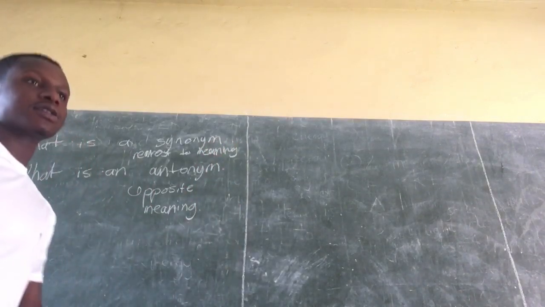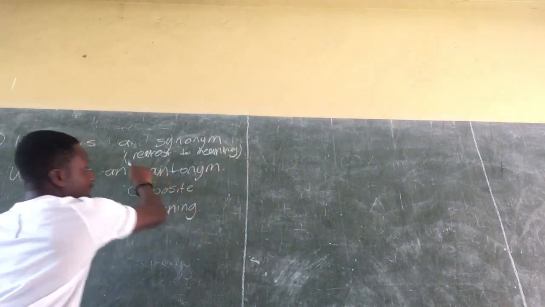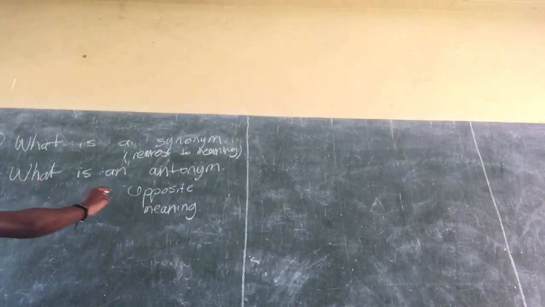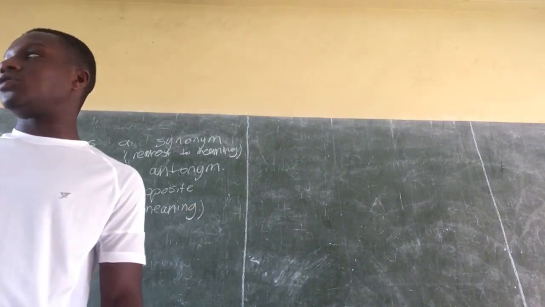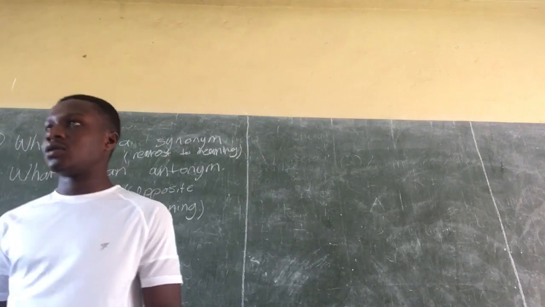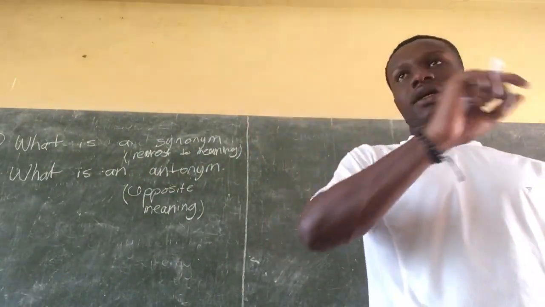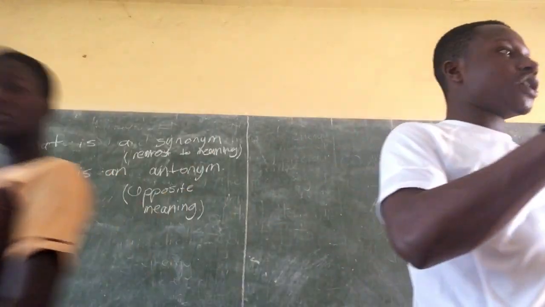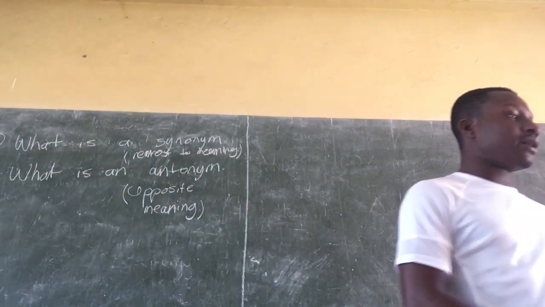So in your notebooks, I want you to write what is a synonym, and then you write these, nearest to meaning, and then what is an antonym, and then you write this one, opposite meaning. Okay? So do that in your notebooks right now, as just a title. And then afterwards, you're going to give me an example of a synonym and an example of an antonym. Okay?